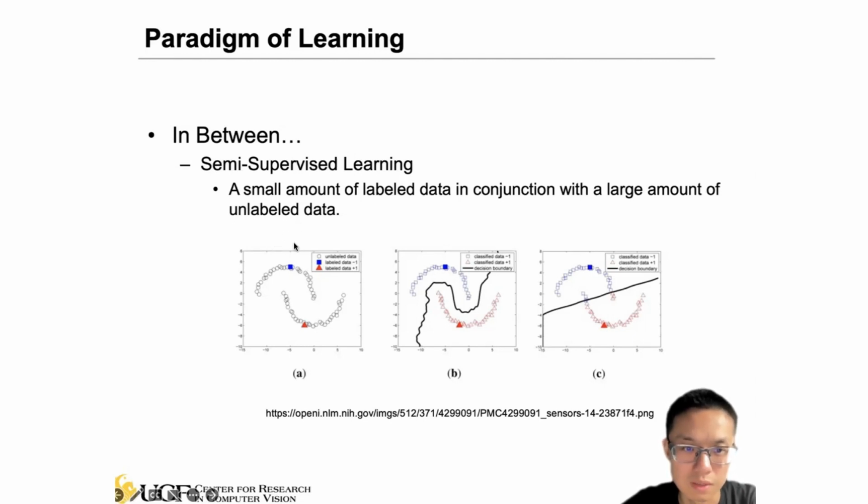So you end up with a small labeled data set, but you do have a lot of unlabeled data. In this case, we don't want to rely only on the small set of labeled data to train the model, but we also want to leverage the knowledge that resides in the large amount of unlabeled data. So this is semi-supervised learning.